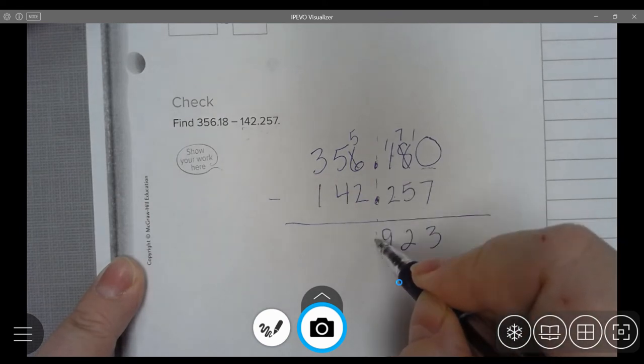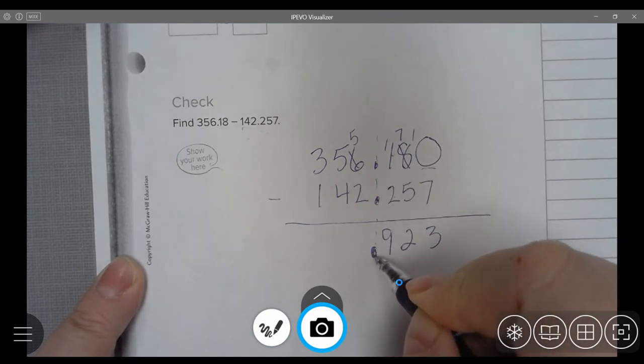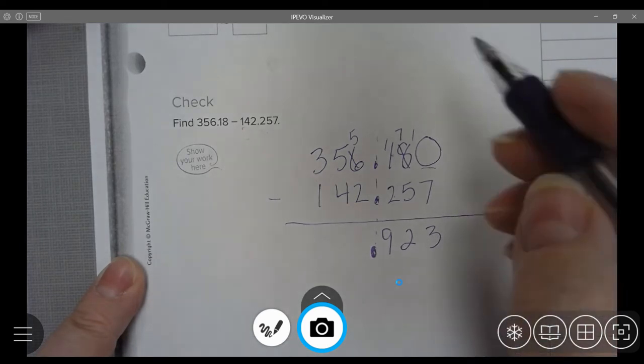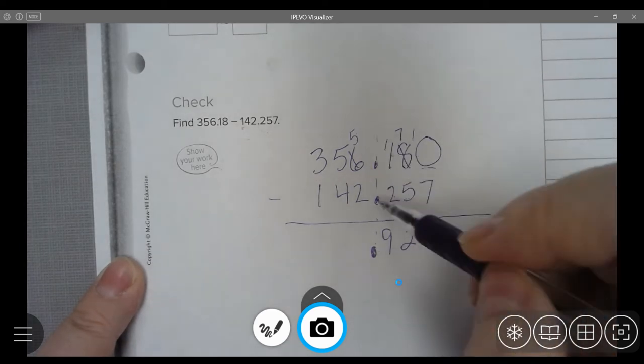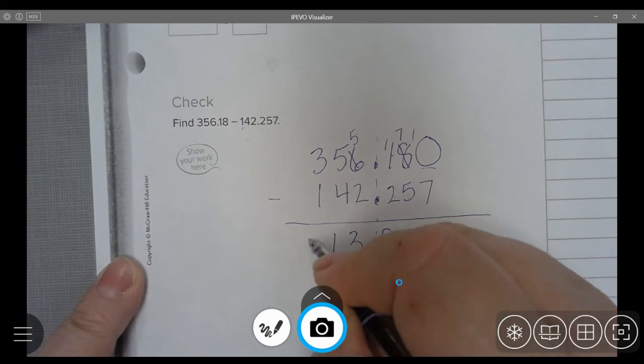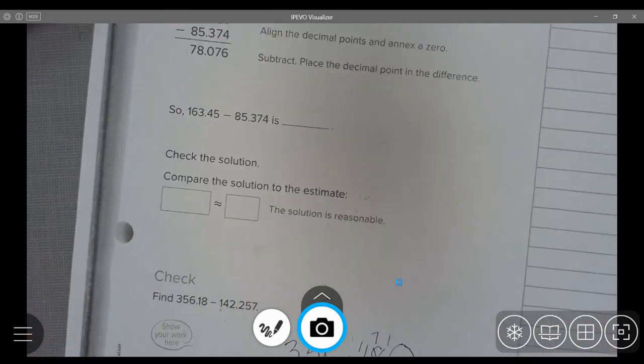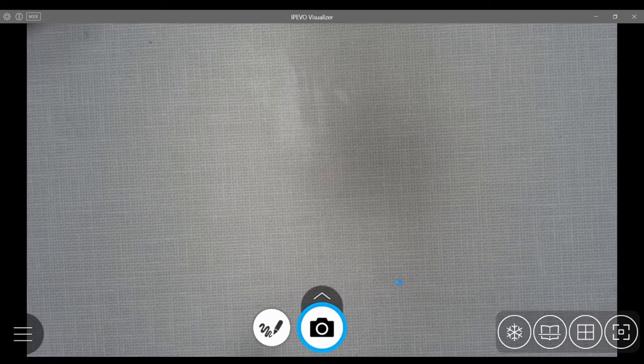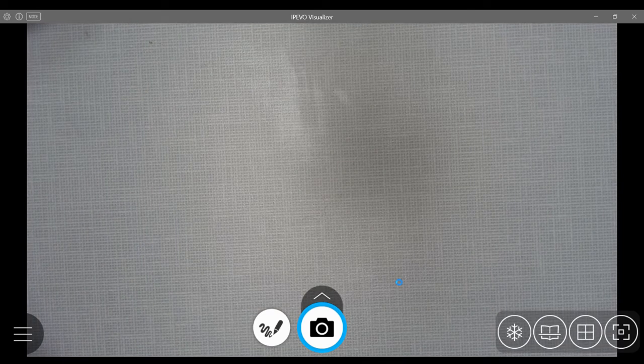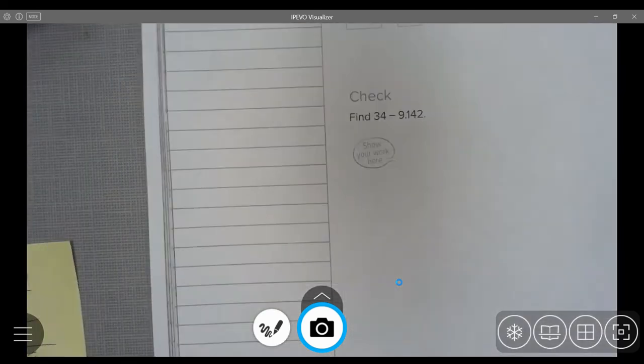Then I have decimals, so I'm going to align the decimal and put it down below in the answer. 5 minus 2 is 3, 1, 2. So my answer is 213 and 923 thousandths.